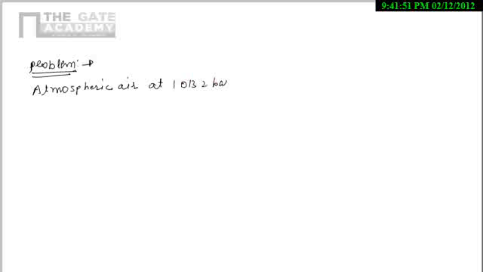So now let's take a problem based on psychrometrics. I am writing the problem here first and then we will solve it. Atmospheric air at 1.0132 bar has a dry bulb temperature of 32 degrees centigrade and a wet bulb temperature of 26 degrees centigrade.